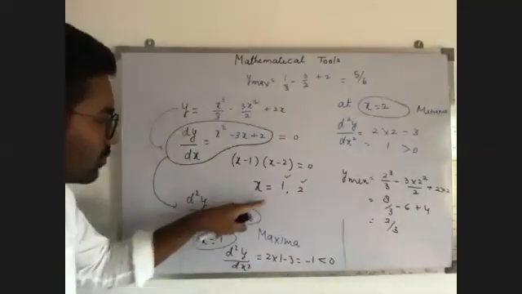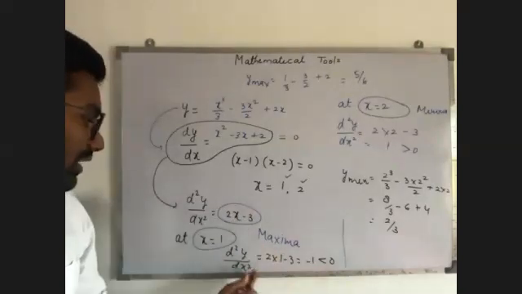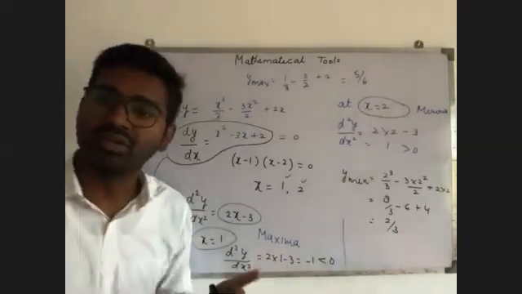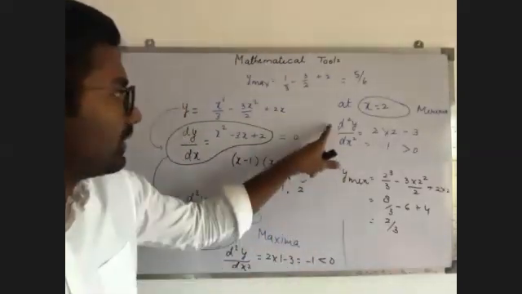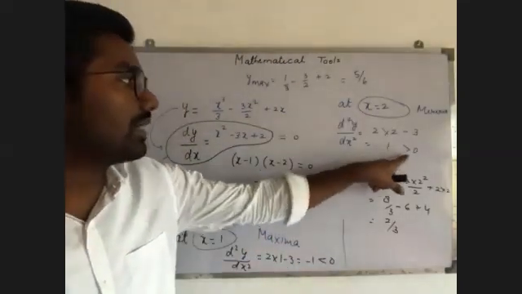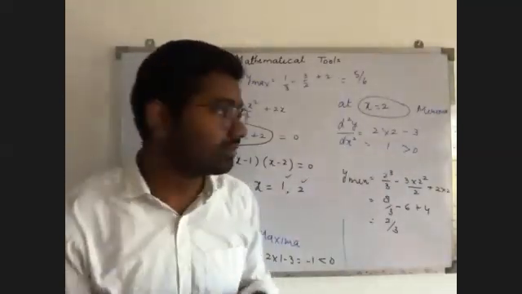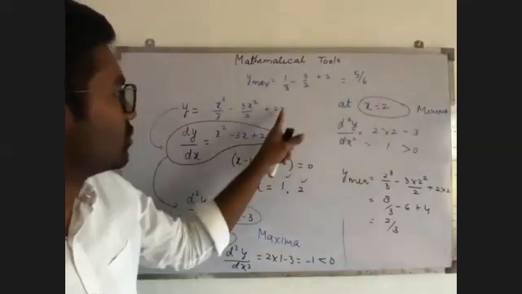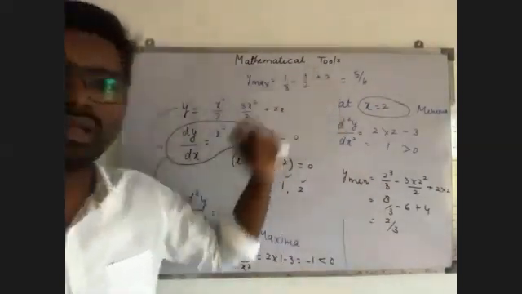Now in this one, if I put 1, I will get negative. If d2y over dx square is negative, I told you that is the condition of maxima. Means at x equals 1 maxima, and at x equals 2, I am getting d2y over dx square greater than 0, means it will be minima. Then put the value x equals 2 here, you will get the minimum value. Put the value x equals 1 here, you will get the maximum value.